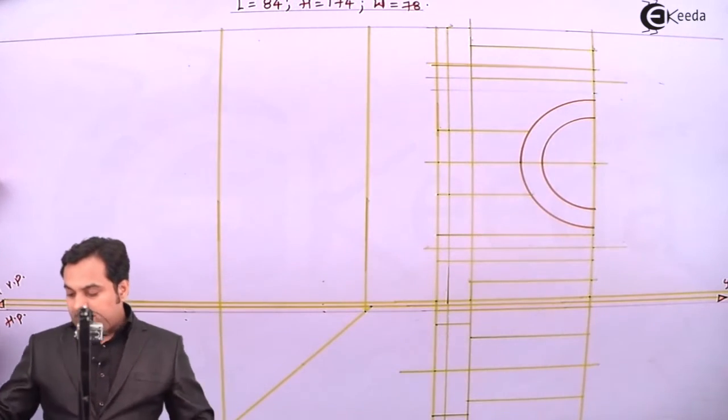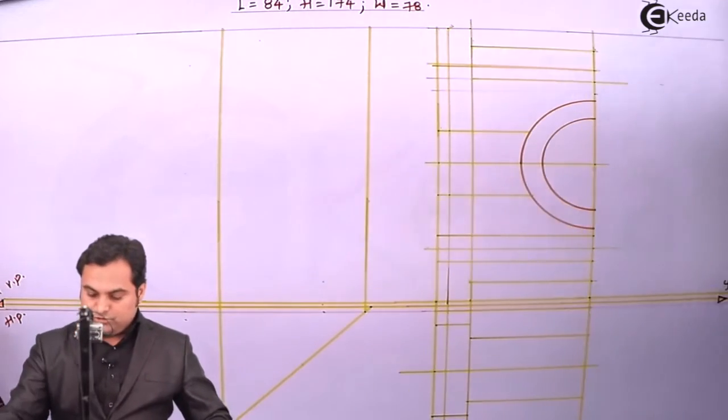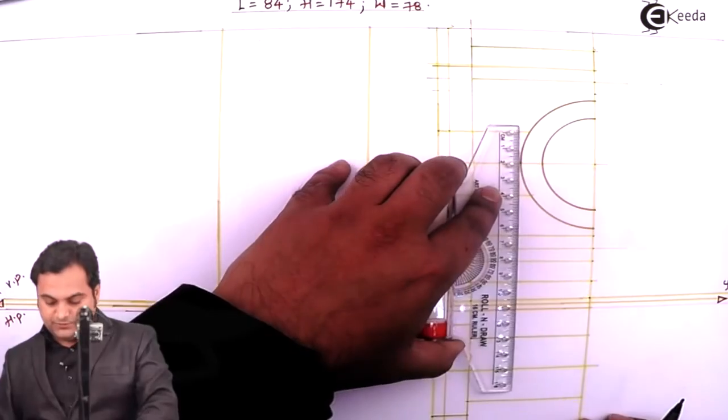So here I'll start making it dark, as we have to draw the plain top view, and then the semicircular portion also will be seen from the top, so getting its projection.